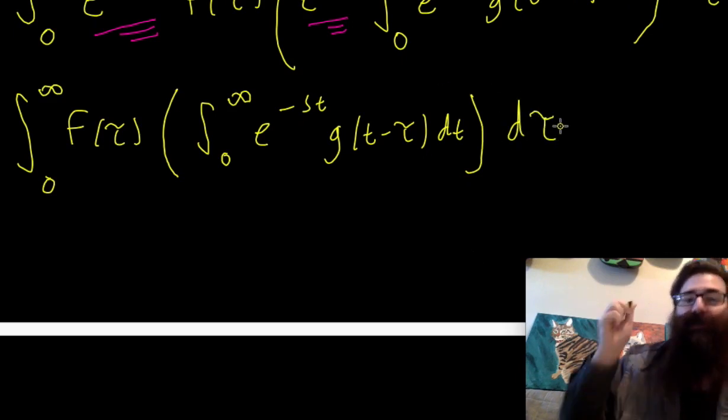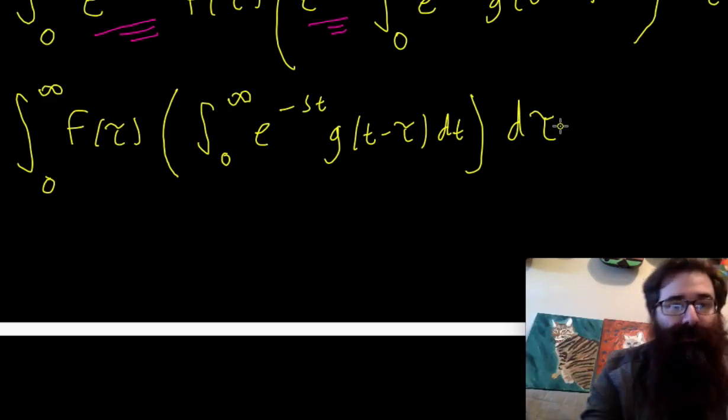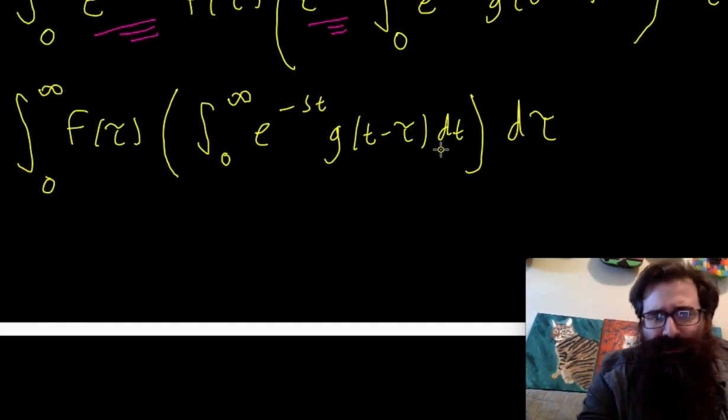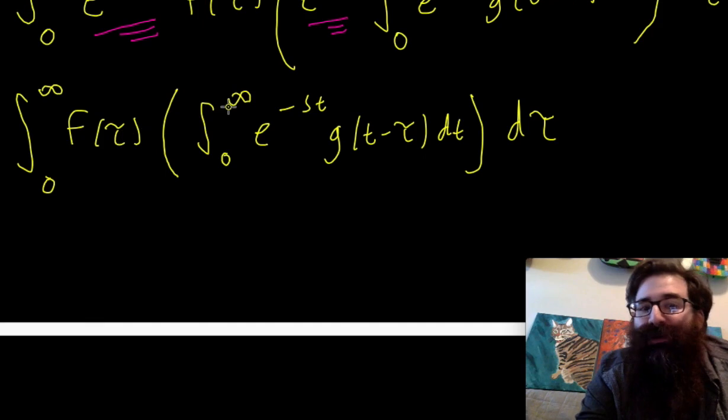But it just keeps getting better, because if I look at what's going on here, I want you to focus on the inner integral. The inner integral is with respect to t. So this function of tau doesn't have any mention of t in it, and I can actually bring that into that integral. Think of it like a coefficient right now.